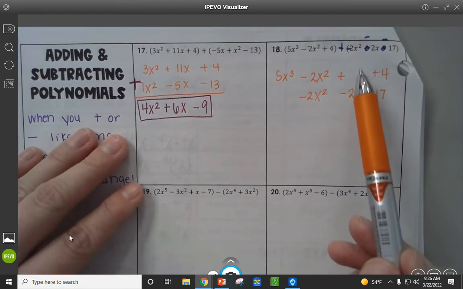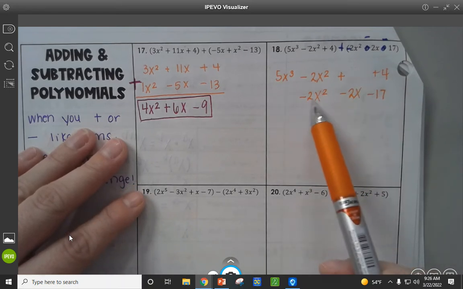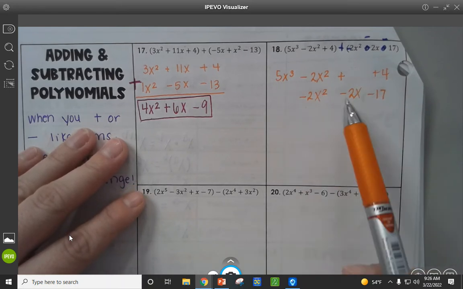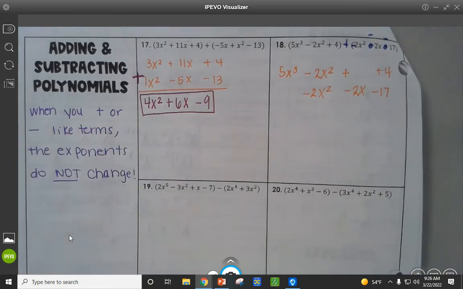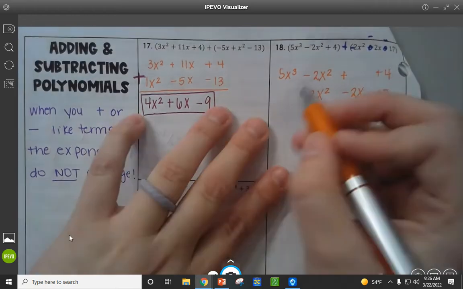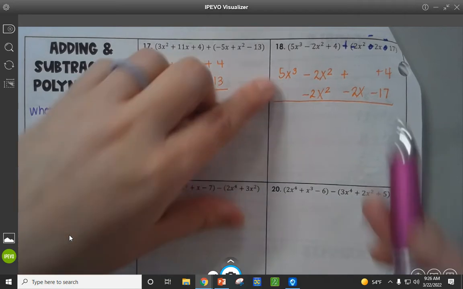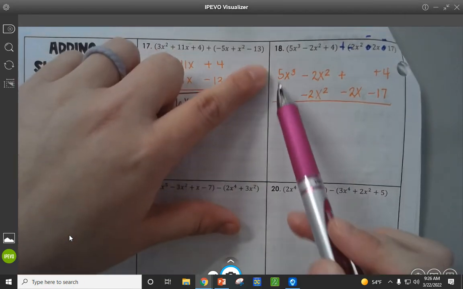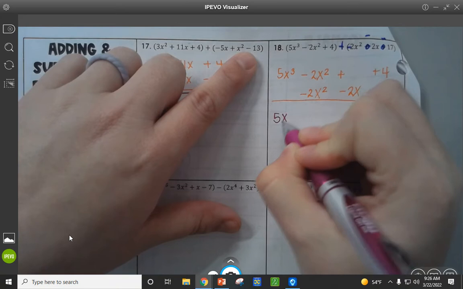If you didn't leave this space, you would probably put this negative 2x squared under there, and this negative 2x under that one, and you wouldn't have like terms on top of each other. You want all of your like terms right on top, like this.